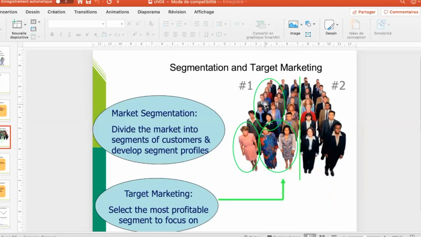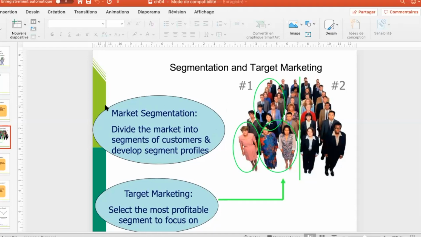Within the European market, you divide into segments, for example, men and women, and segments with different age groups. For example, older customers or young customers between 20 and 30, 31 and 40, 41 to 50, 51 to 60, and more than 60. You divide the market into segments of customers and develop segment profiles.